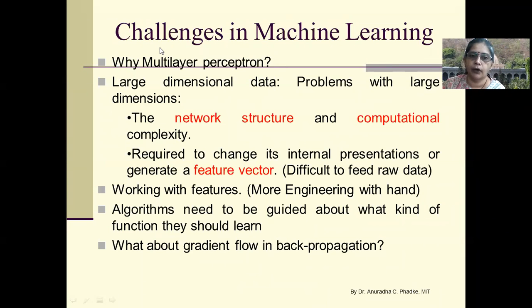So basically, what are the various challenges in machine learning? Why do we go for multi-layer perceptron? Can anybody answer? Why can we not use only a single layer perceptron and why do we go for multi-layer perceptron?